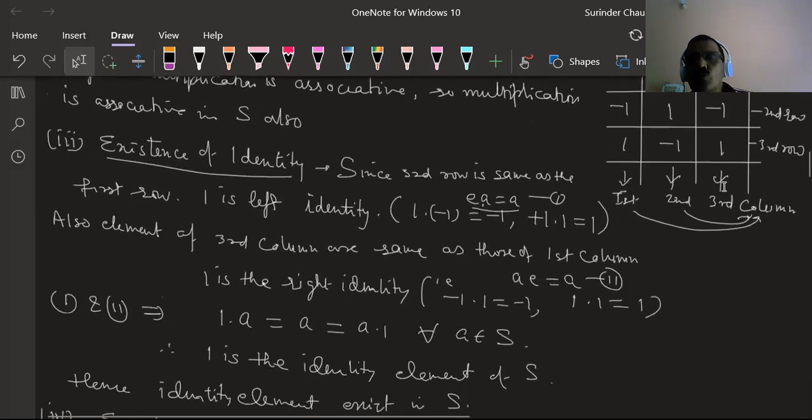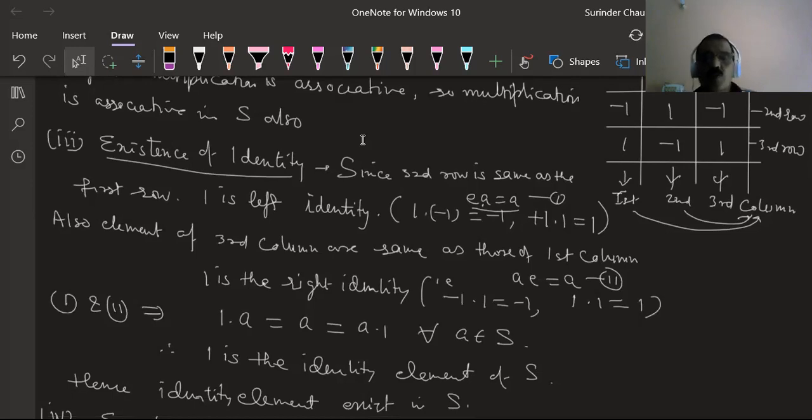So one is the left identity and one is the right identity. Therefore, combining the first and second, we get 1 into a is equal to a into 1 for all a of S. S is a finite set, and this composition table is applicable only for the finite set.